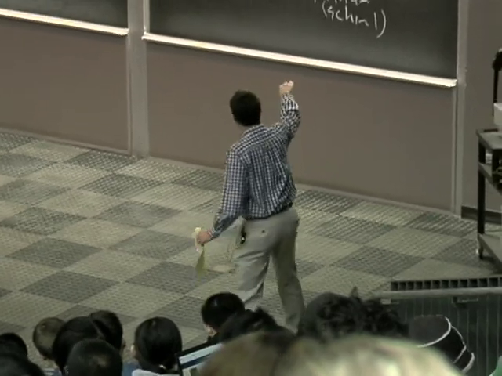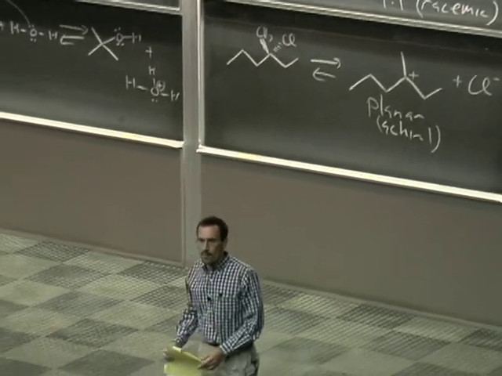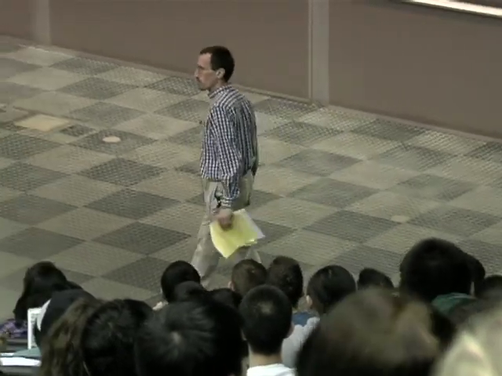Second equation is the first step of the mechanism where I've generated chloride. If I wanted to write an overall balanced equation, just as we had done with the terpyl bromide, I'd say that 1 molecule of the terpyl chloride plus 2 molecules of water generates 1 molecule of the alcohol plus H3O plus Cl minus. Some people might also write that as 1 molecule of the chloride plus 1 molecule of water goes to the alcohol plus HCl, which is similar, a little less correct, but you would see it also written out. Other questions or thoughts?